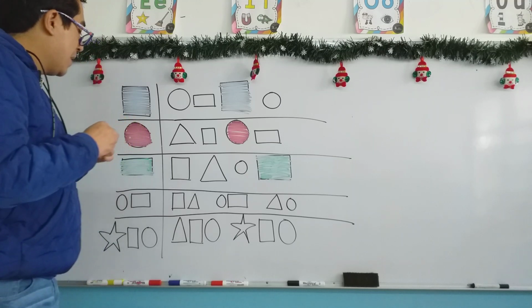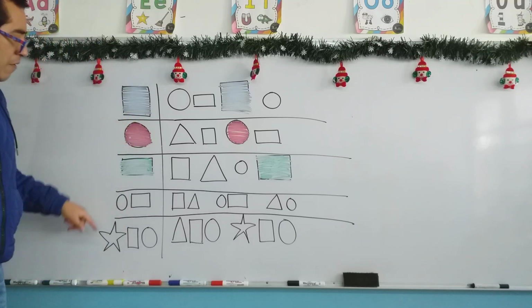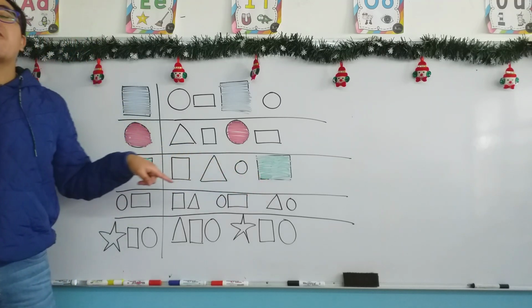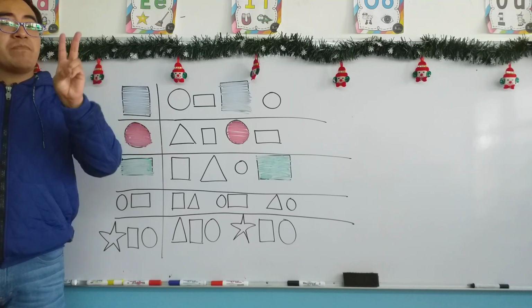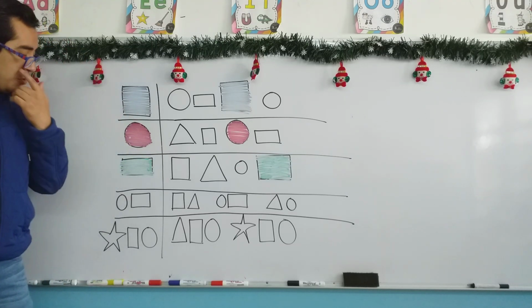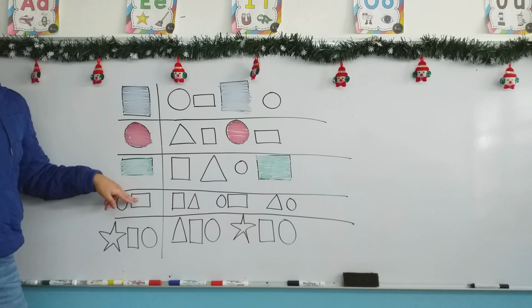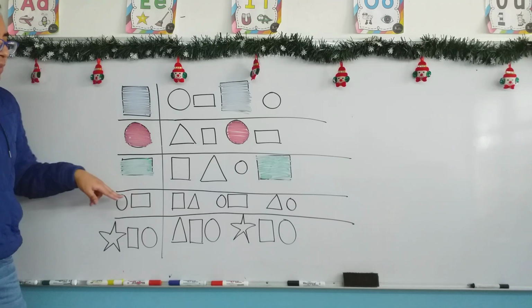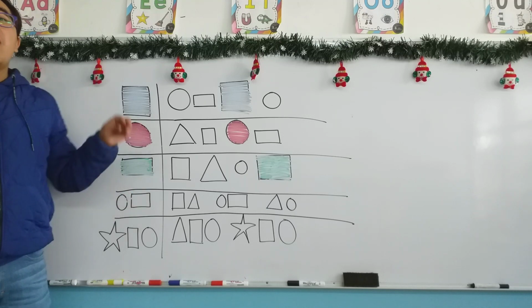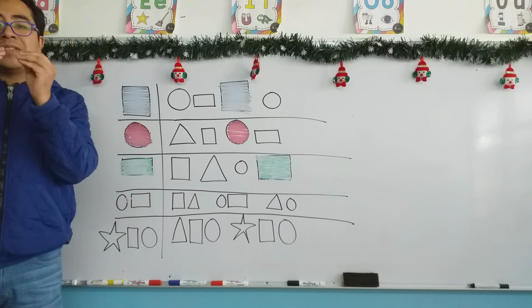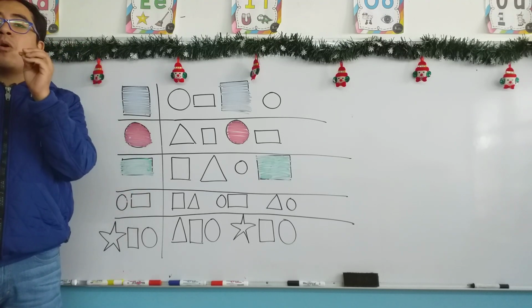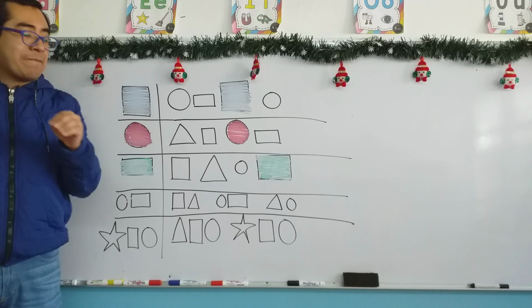Okay. Then, for the fourth row, para la cuarta fila, we have two geometric shapes. Tenemos dos figuras geométricas. We have a circle and a rectangle. Now, these two geometric shapes are together, están juntas. Por lo tanto, tenemos que buscar otro par similar.